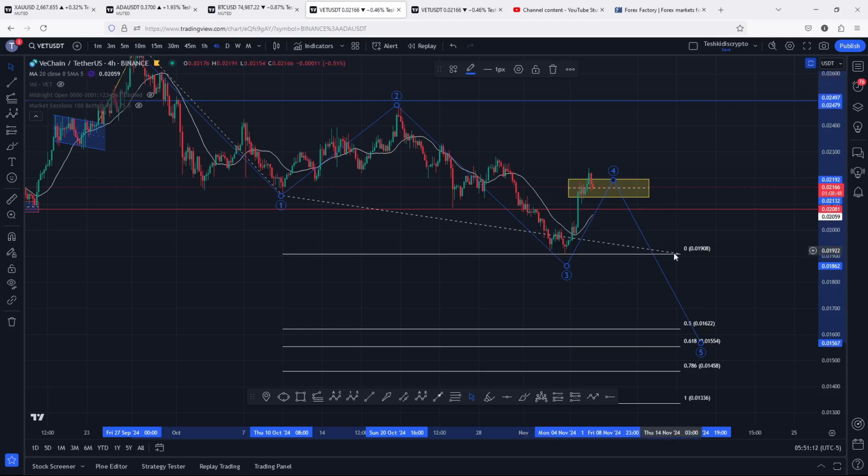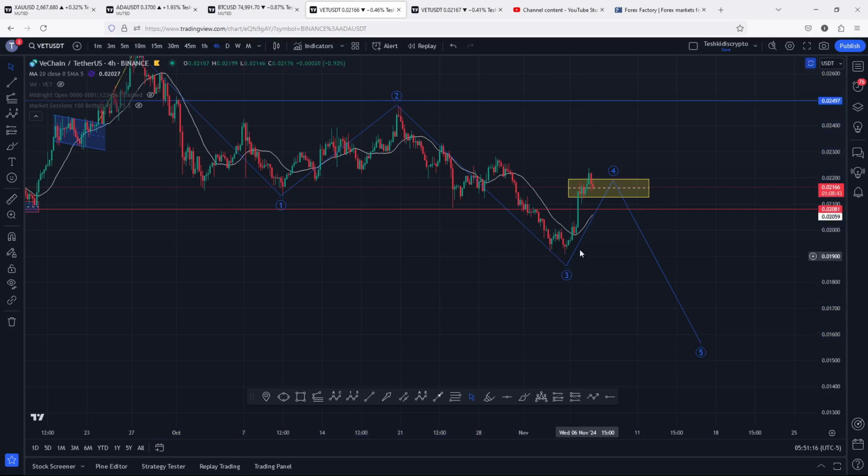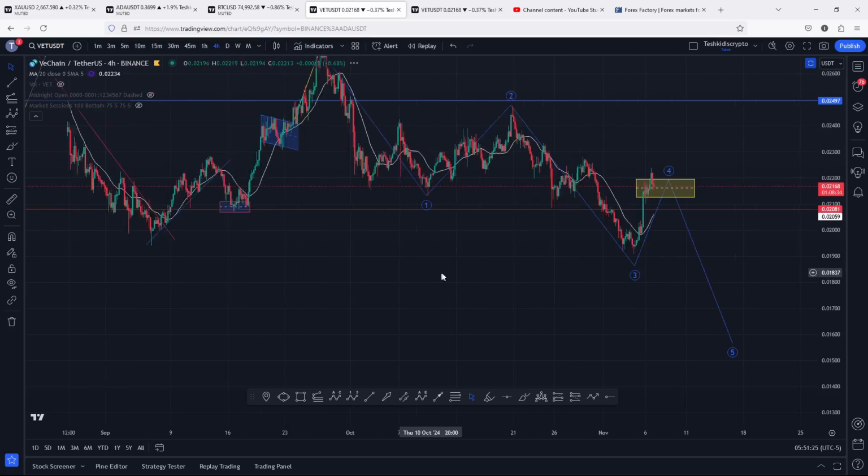So that will be my next target area in case we continue heading further down and also lose the low that we made below the 0.01902. So that is all I'm expecting here on the short term.